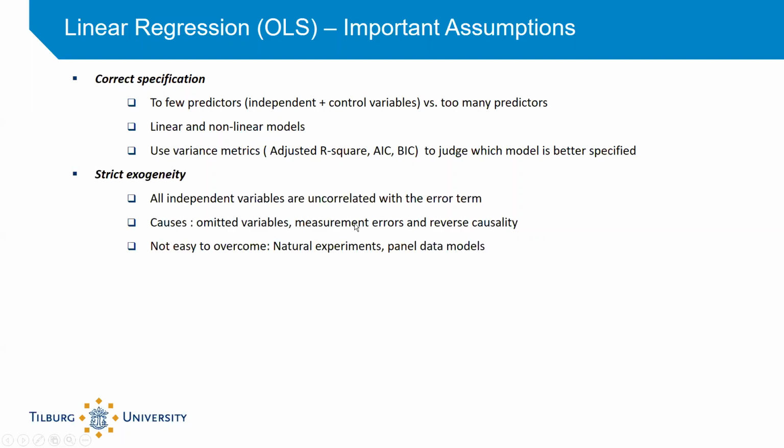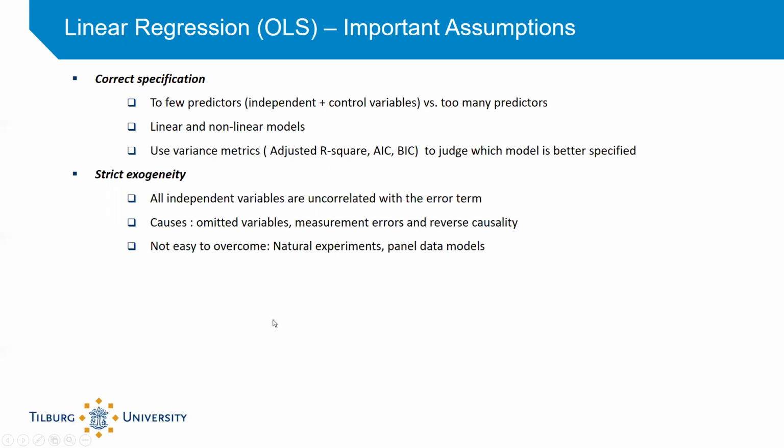Second is strict exogeneity. Here the most important thing is that you have not missed out a very important factor that is correlated with your independent variable. In our case, you remember we were testing university grades and wages. And then I said, you know what, I don't believe this model because parent income could be a confounding factor.